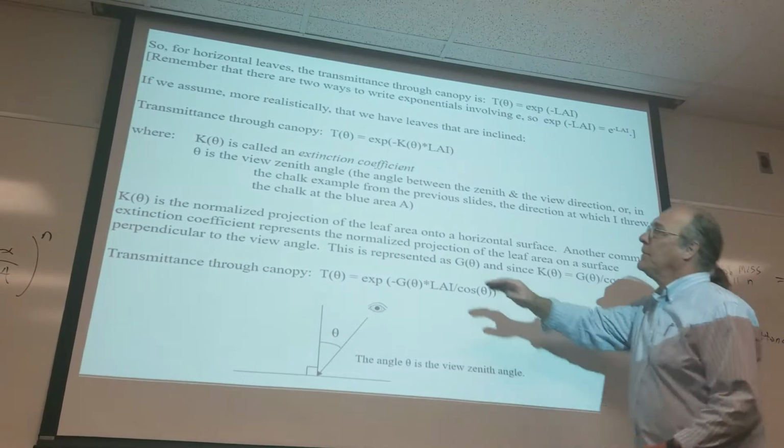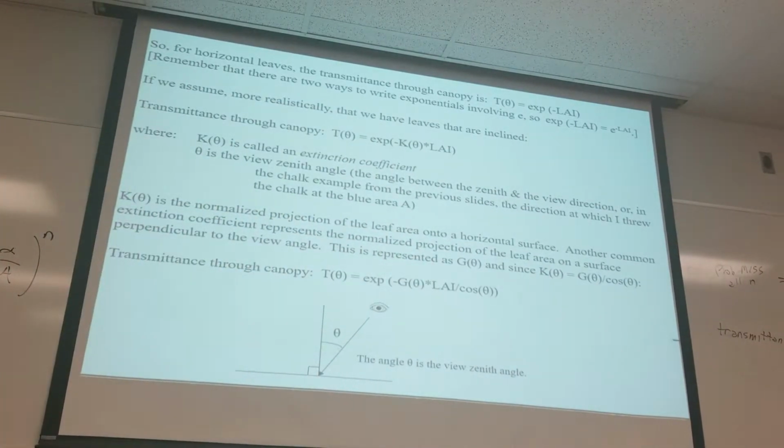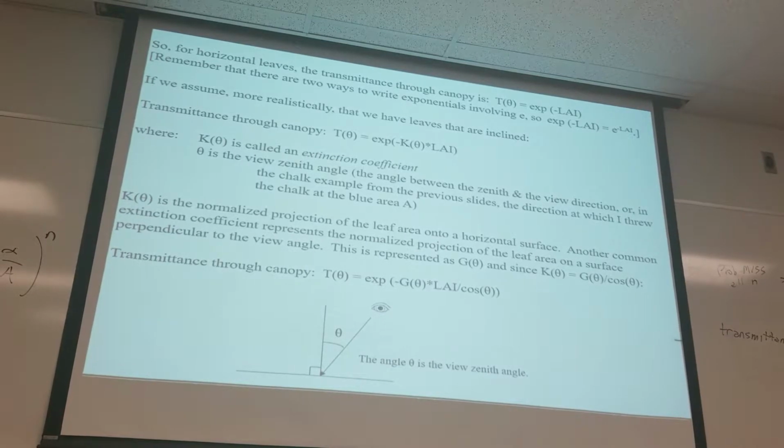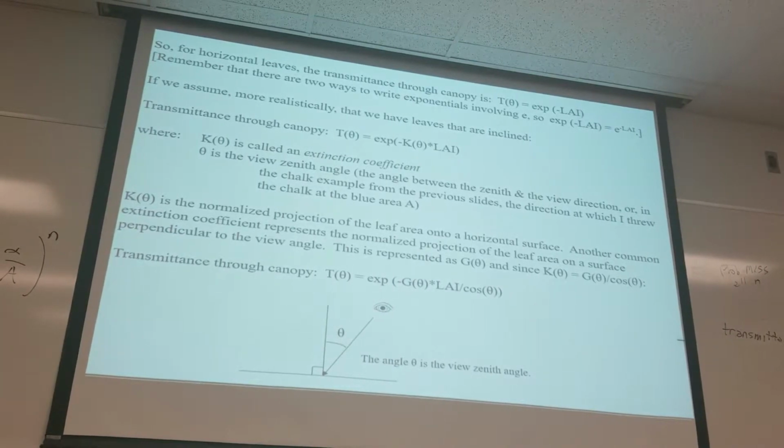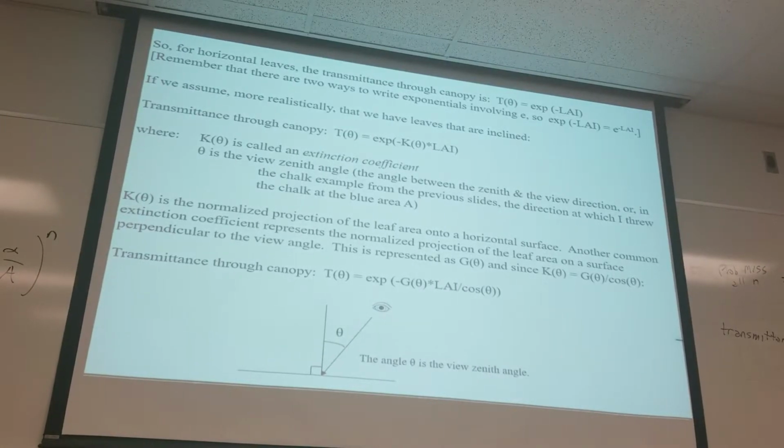And this k of theta is called an extinction coefficient. And the value of that extinction coefficient depends on the distribution of the leaves in the canopy, the angular distribution of the leaves in the canopy.